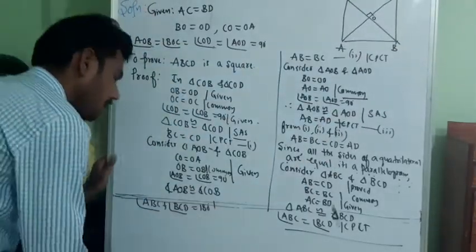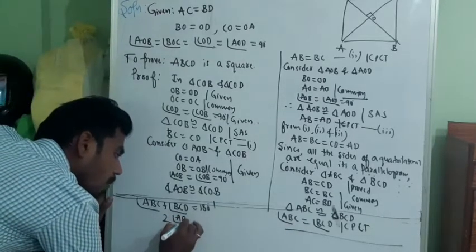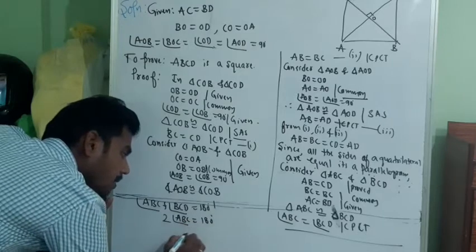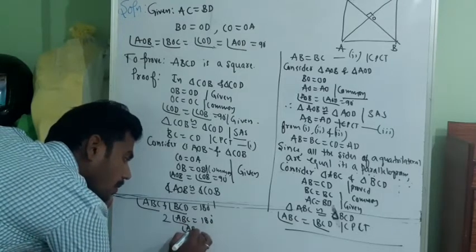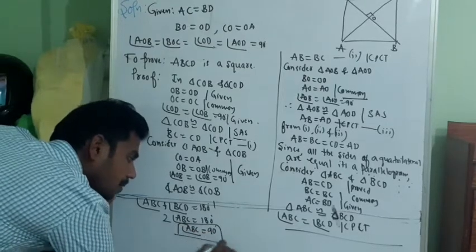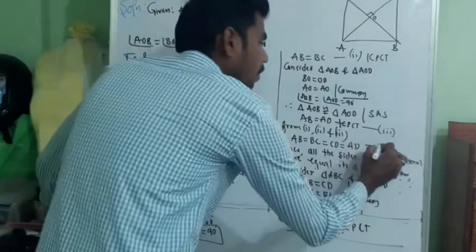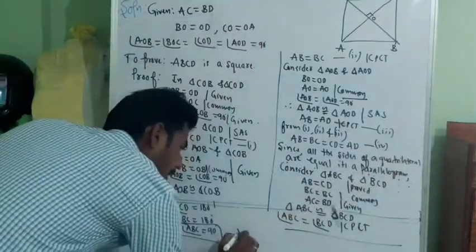So we know that ABC is equal to BCD. 2 times ABC is equal to 180 degrees, or else angle ABC is equal to 90 degrees. So I can call this as 4 and this as 5.